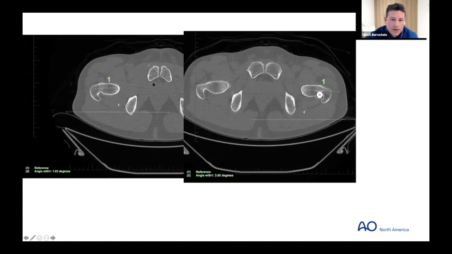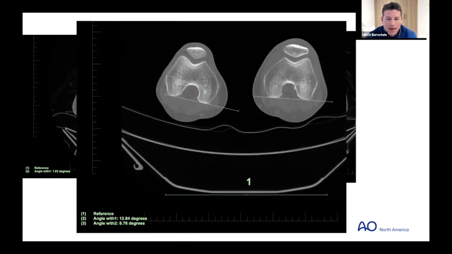I think Brett's going to go over this a little bit, so I'm not going to spend too much time on it, but this is a CT rotational profile where we put a Cobb angle along the femoral neck and a horizontal. On the right it's pretty flat, he's at 1.83. On the left, he's at 3.85. This doesn't tell you anything until you do the math and add up the femoral condyles.